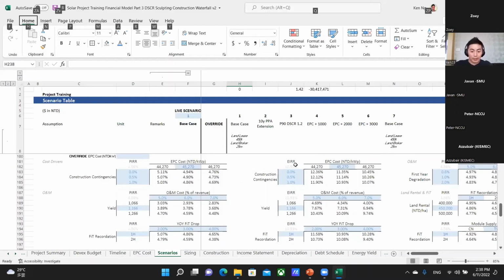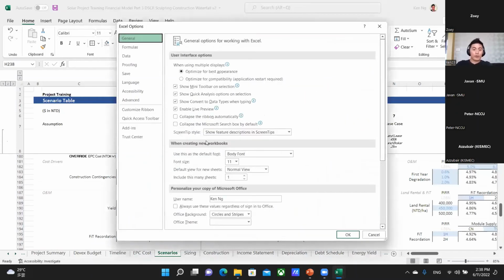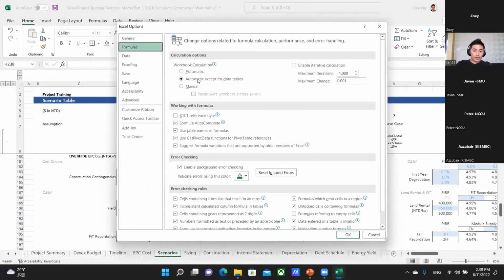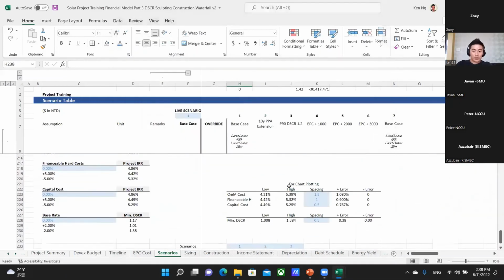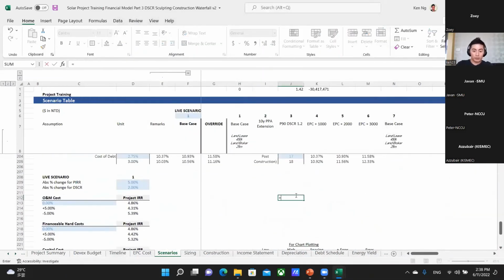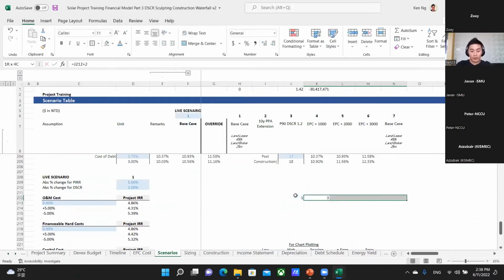So as discussed, when you run data tables, always make sure that you're selecting the second option, automatic except for data tables. The reason is because as you make changes to the model, when you select the second option, it updates almost simultaneously.